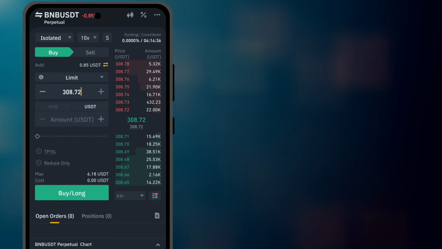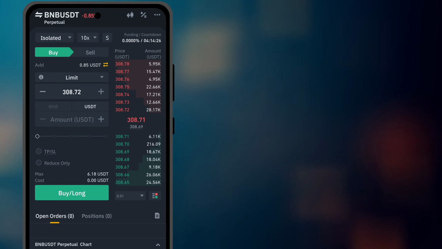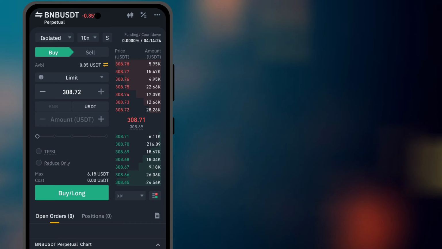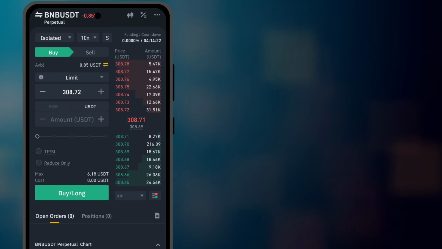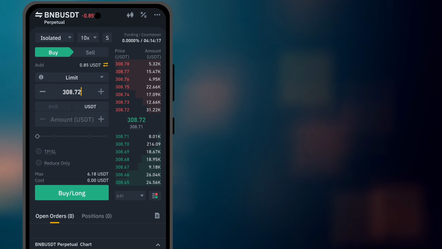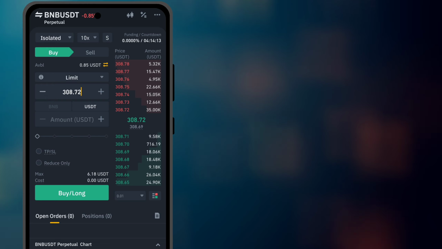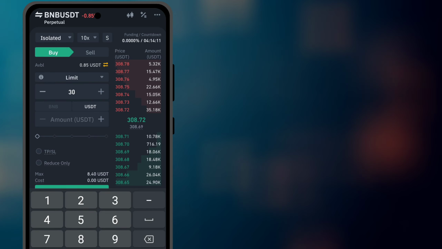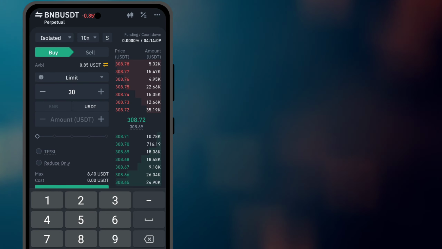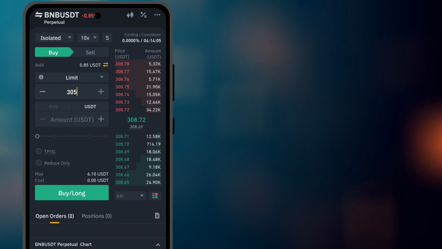The current price for BNB is 308.72. And if I don't want to enter this market at the current market rate, but I want to long it, I will have to enter a limit order that is below this current market price. For example, let me just say when the price comes down to 305, let this market execute. So I just have to enter 305, then enter the amount, or you can just use this slider to input the amount automatically.